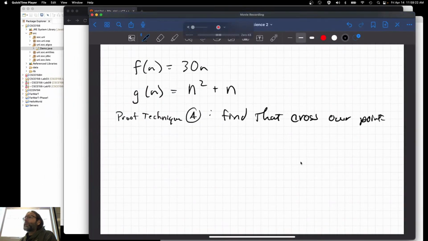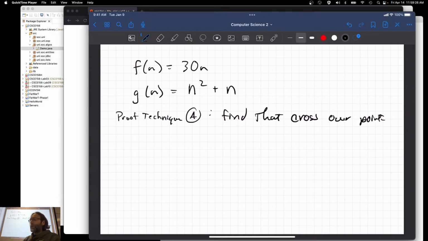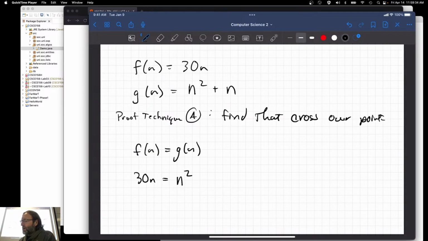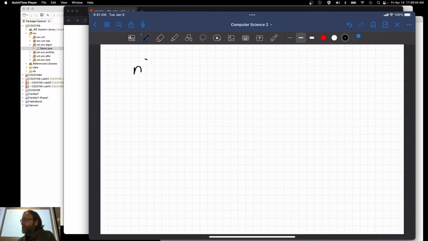I need to find that crossover point. In other words, where one of these two functions is equal to the other. When is f of n equal to g of n? Well, when is 30n equal to n squared plus n? All right, let's take it over to another slide here. n squared plus n is equal to 30n.